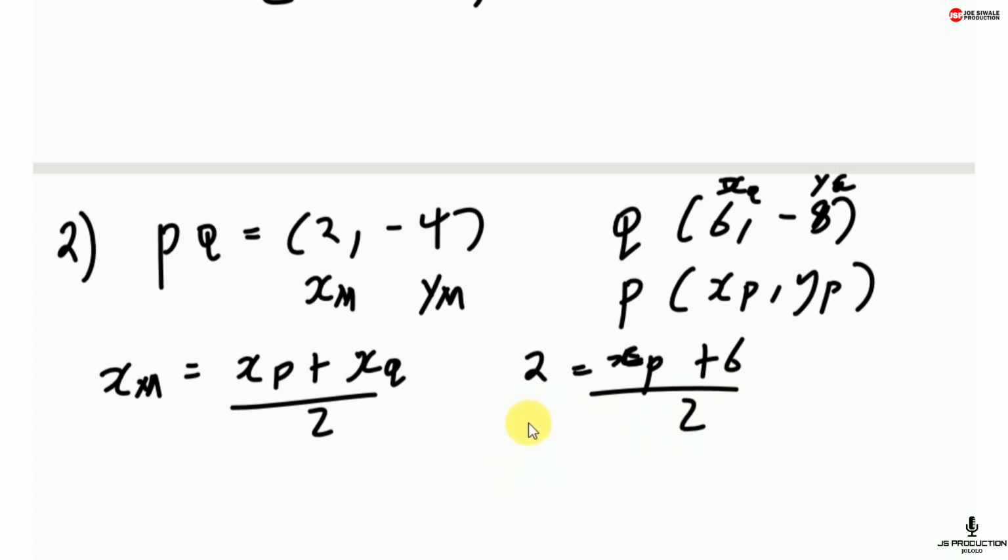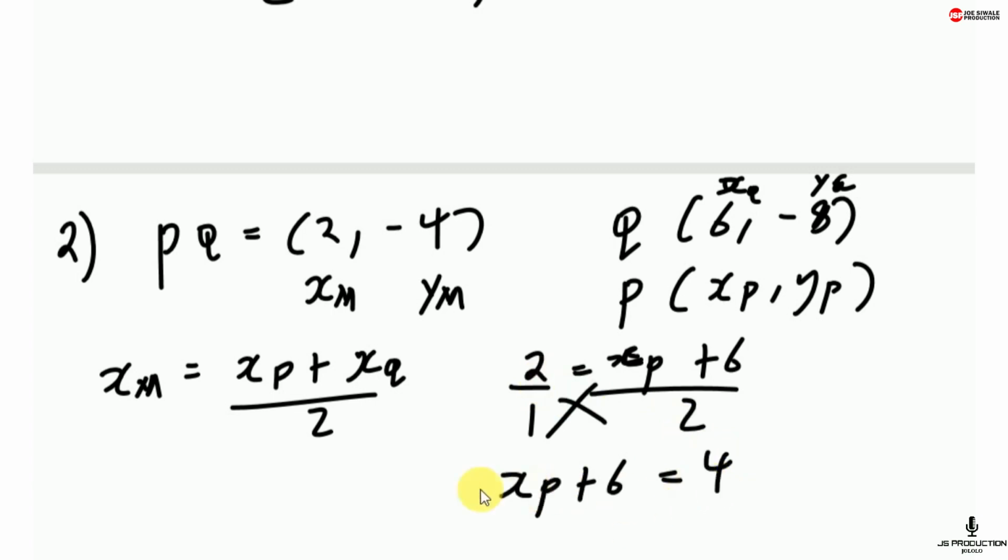Then from this we can say divide by 1 there, we cross multiply there. If we multiply 1 and XP plus 6, we're going to say XP plus 6 is equal to 2 multiplied by 2, that's 4.